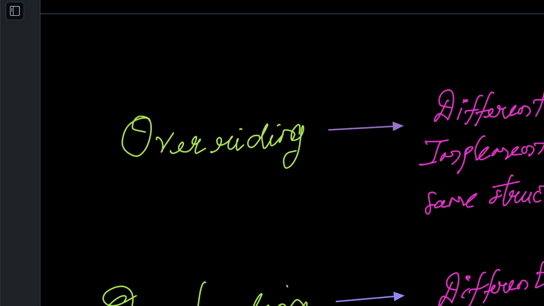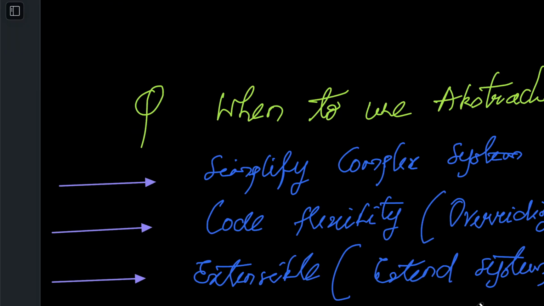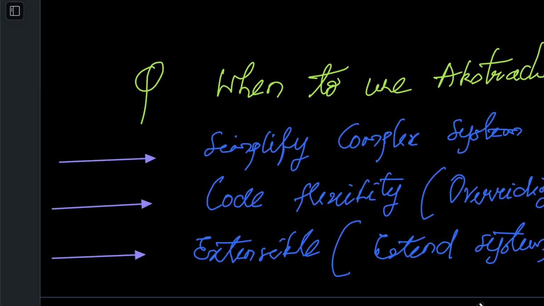Now, when to use abstraction: when we don't want the complex logic to be exposed, and for flexibility, right? This is something important. You can implement abstract classes, you can keep on implementing them, and then you can add more additional features.